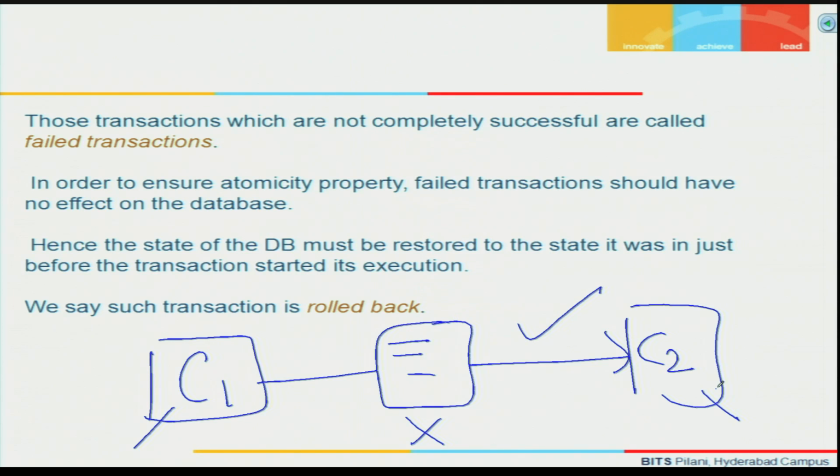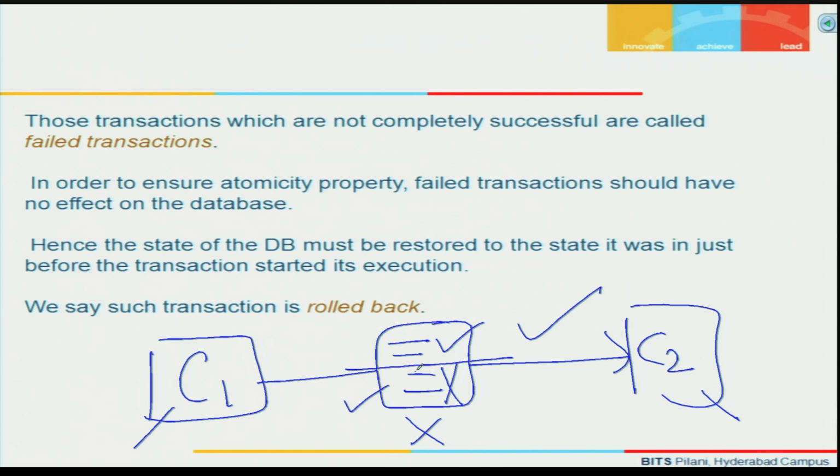Hence it is a consistent state, but during the execution of this transaction it may be in an inconsistent state. If there is a problem, if a system crash occurs, only a few instructions are successfully completed and the remaining instructions are not completed, and that may leave the database in an inconsistent state, where it will not reflect the real world situation.